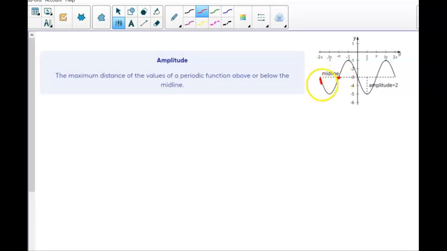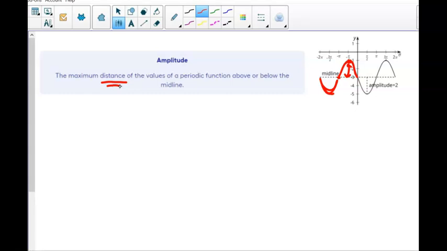Usually, you think about taking this and then rotating it around this point. This graph, this in red will match up with this one, for example. So that midline basically splits the graph in half. And then the amplitude is the distance from the midline to the top or the bottom. And it is a distance, so that means that number is going to be positive.